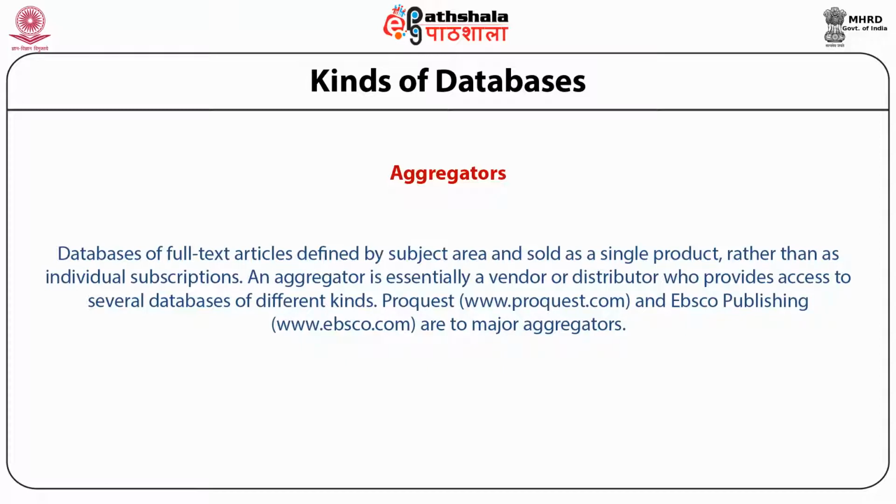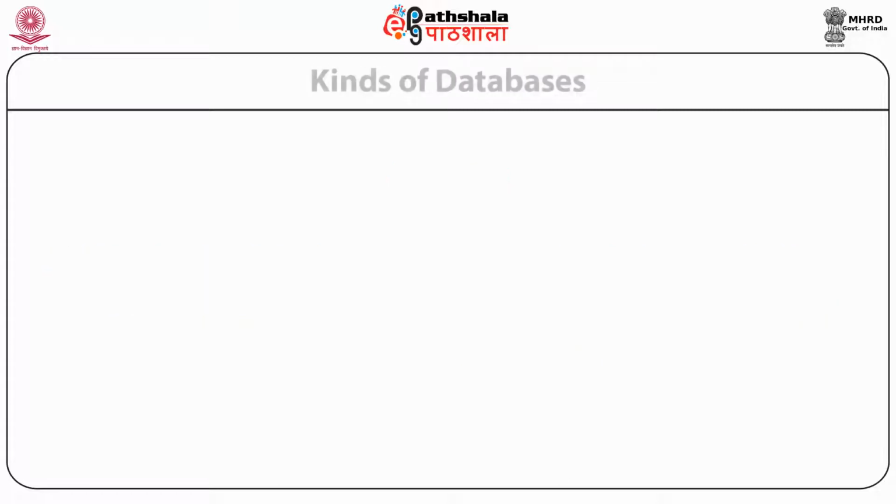He essentially aggregates various publications at one place and provides access. ProQuest and EBSCO are two leading publishing companies which are into aggregations of databases and are defined as major aggregators.